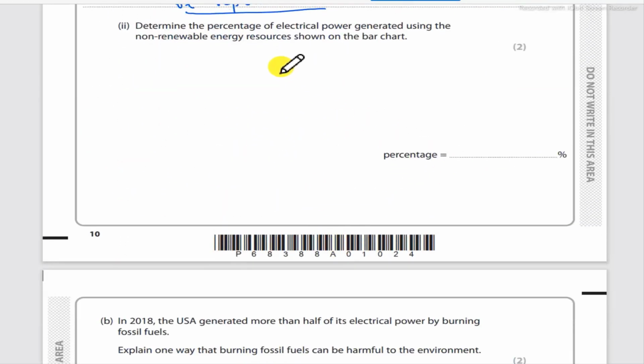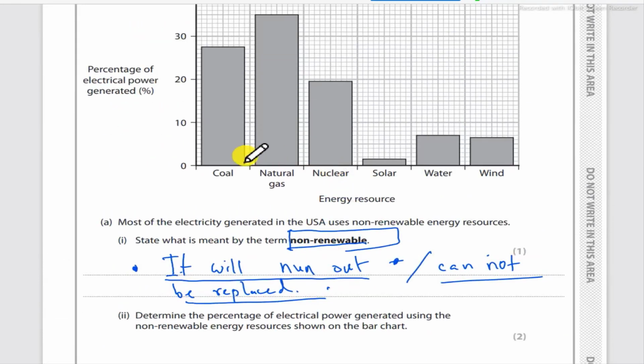Determine the percentage of electrical power generated using the non-renewable energy resources shown on the bar chart. Coal is a non-renewable energy. So here, coal is about 27.5%.